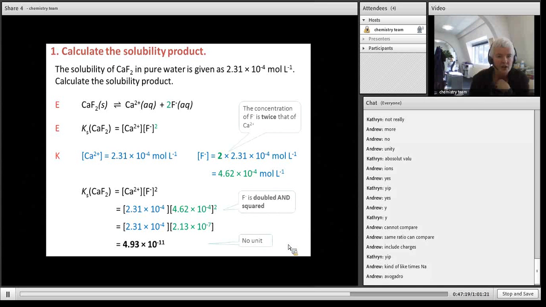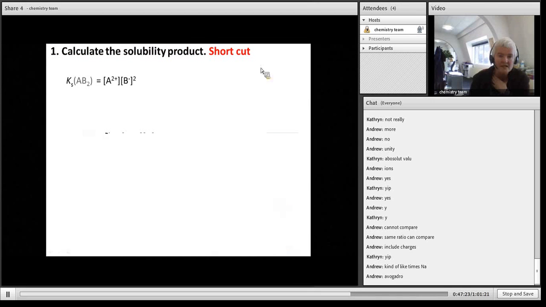Nope. Okay. Right. Now there's a shortcut. For the straightforward ones, where it's in pure water, you can just use a shortcut. Because for every AB2, I get one AB, so make that S for solubility, but I get 2 of those, so it's 2S, and I've got to square that 2S.